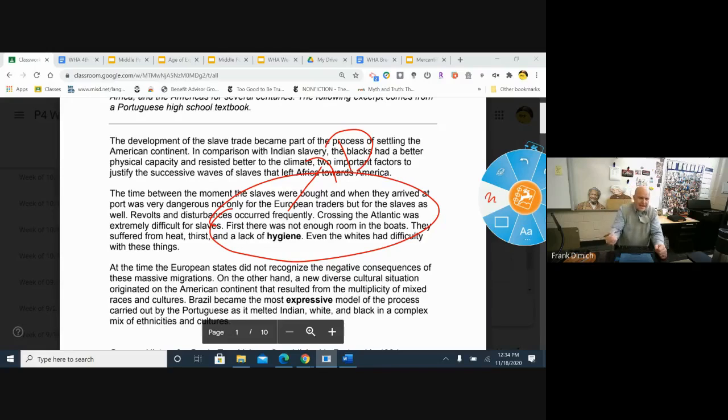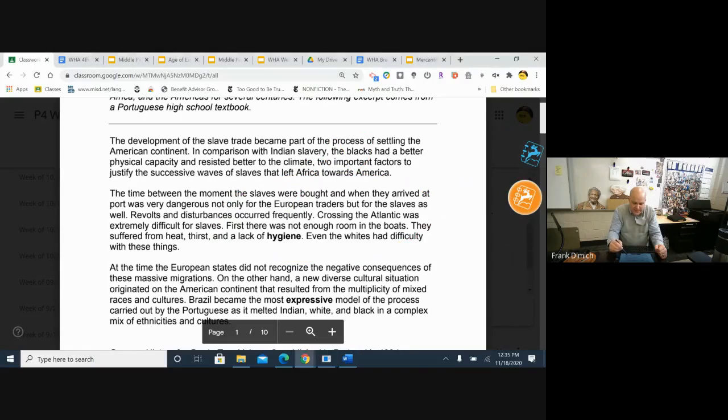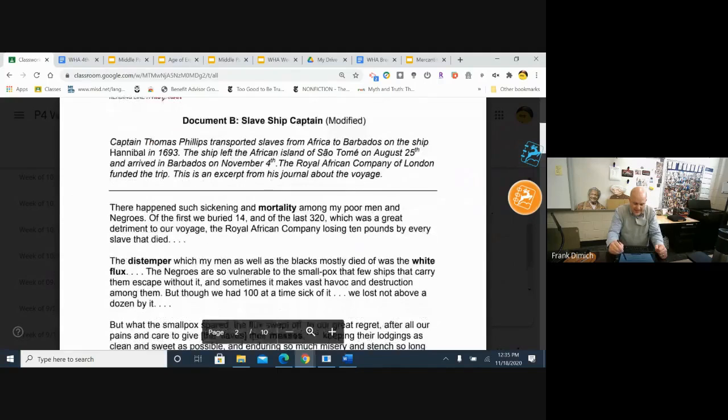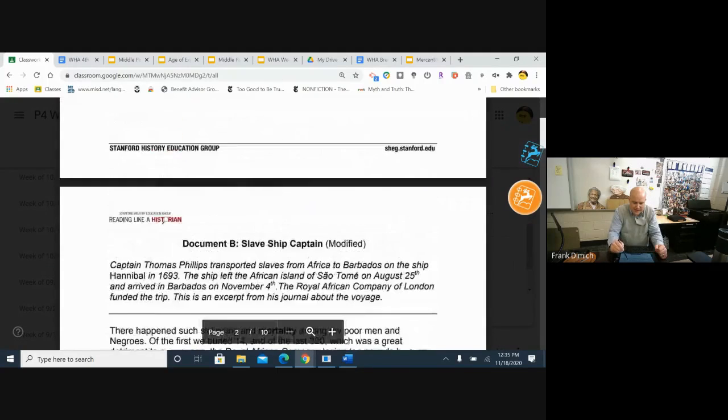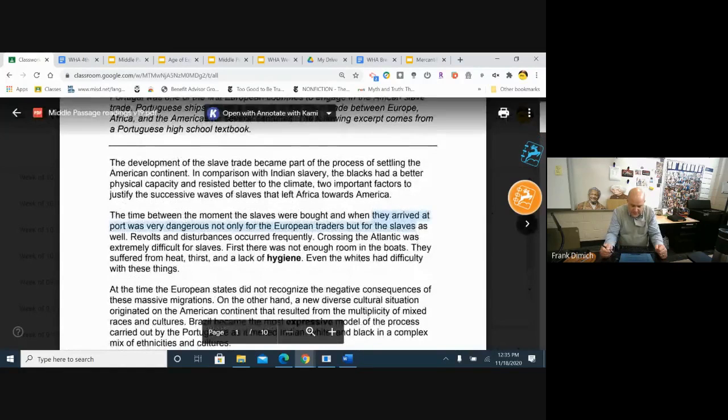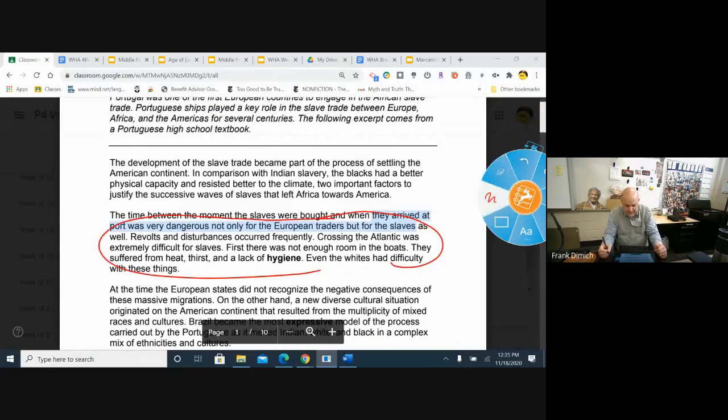You've compared one document to another. You can take a different document or the same document, whichever you like, and contrast it. So with the Portuguese textbook, the description of the journey is not very detailed, right? It just talks about that it was difficult. There was extreme lack of thirst and lack of hygiene.